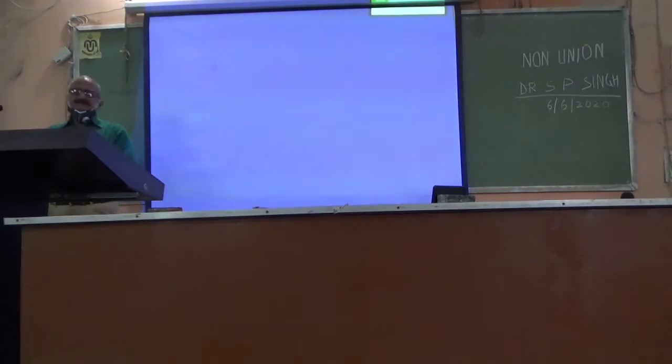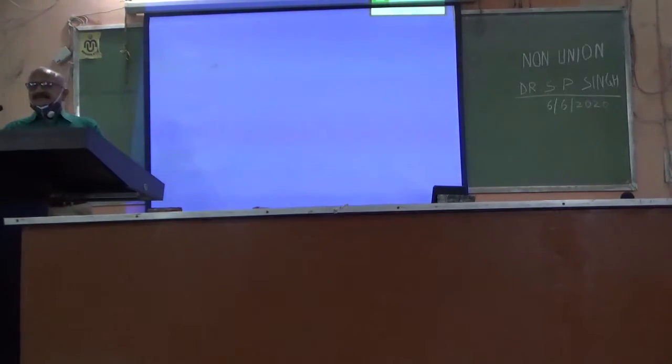Then coming to clinical features. Clinical features I am telling you before etiology, simply because I just want to make you aware what type of non-union we come across. The main clinical finding of non-union is absence of continuity of the bone.